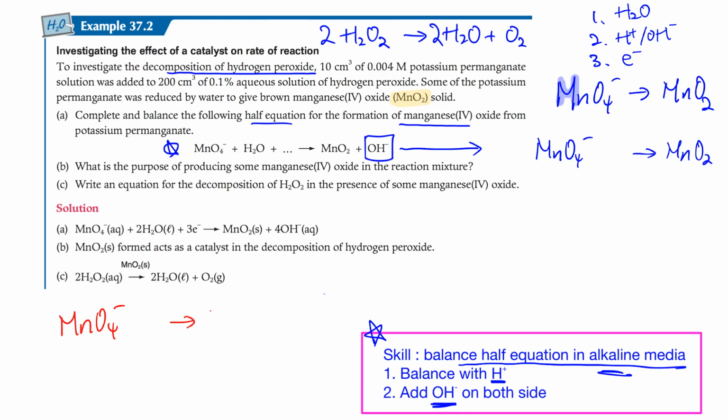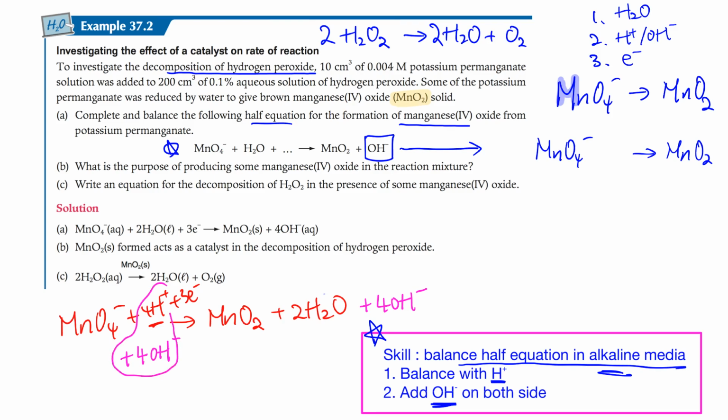MnO4 minus becomes MnO2. So what do we have? We have 2 H2O and then 4 H plus here, and then 3 electrons on the left. So now it is an acidic media. I want to convert it back into alkaline. 4 H plus needs 4 OH minus, so you add 4 OH minus on both sides.